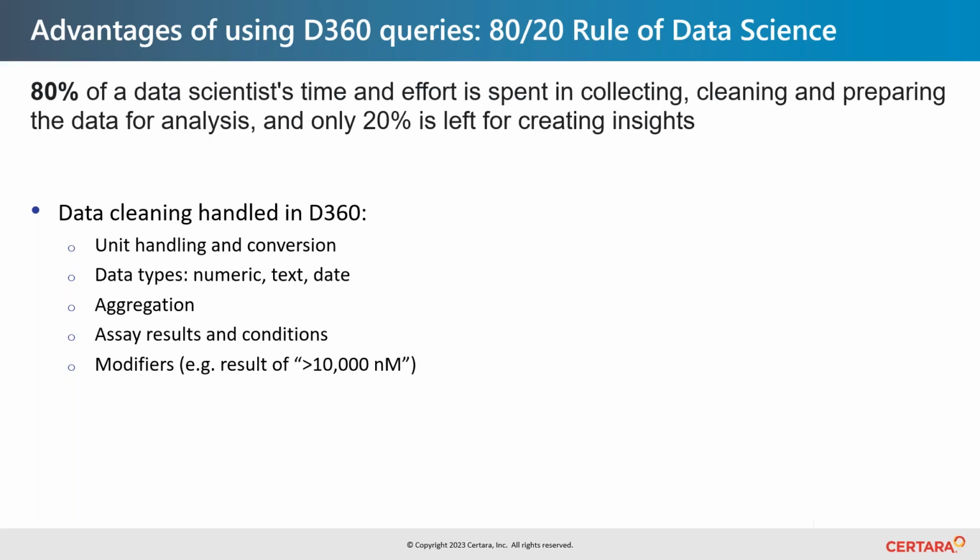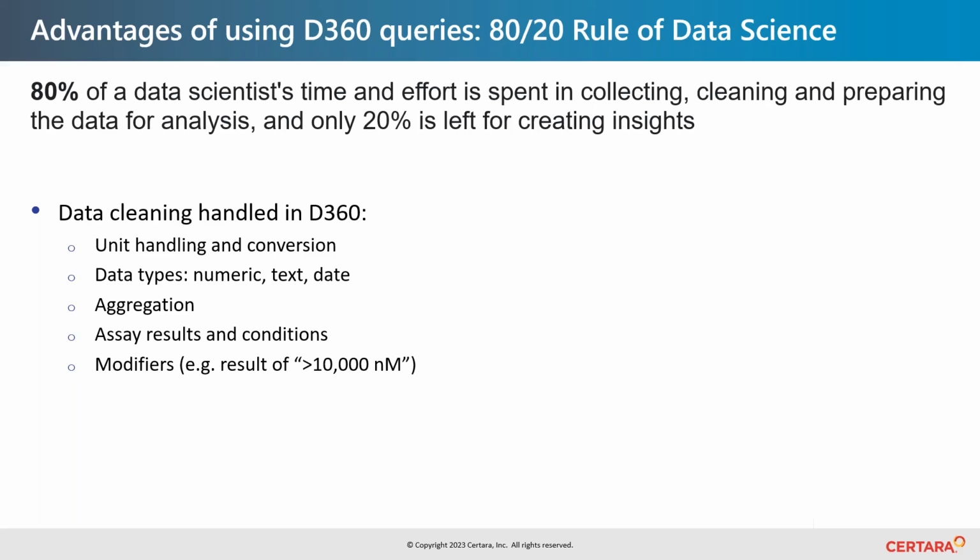So if assay data is registered in different units, D360 can recognize that one entry is in micromolar and the other one is in nanomolar, and these can still be aggregated correctly. Then handling of data types, so that columns are already labeled as numeric, text, or date.